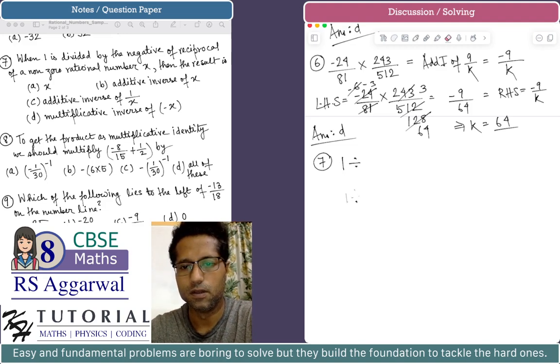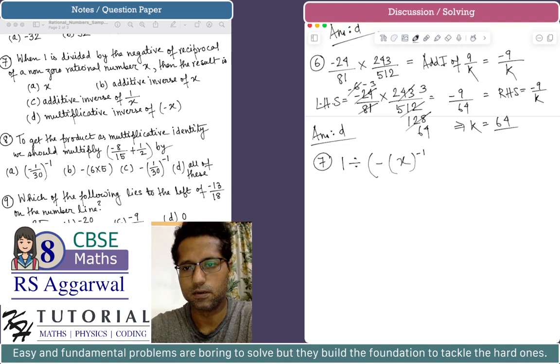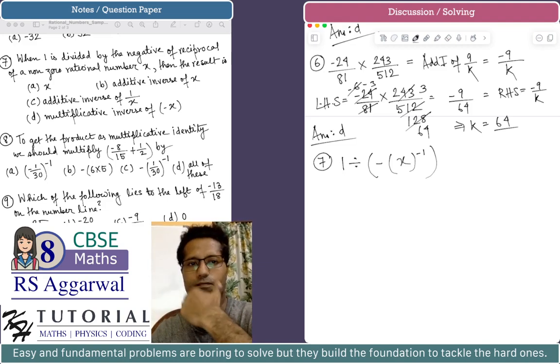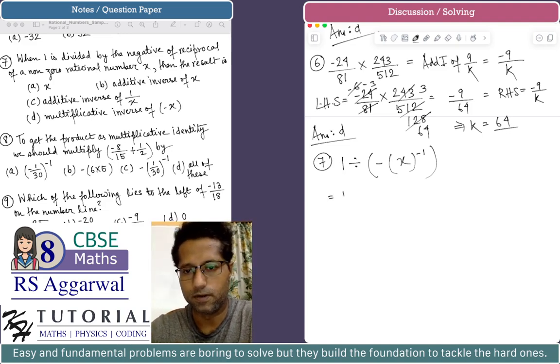So it is said that 1 divided by the negative of the reciprocal of a number x. So this is the correct way of writing. So 1 divided by the negative of reciprocal of a non-zero rational number x, what will be the result? Let's do it step by step. So it is negative of reciprocal of x. So first let's find out what is reciprocal of x.